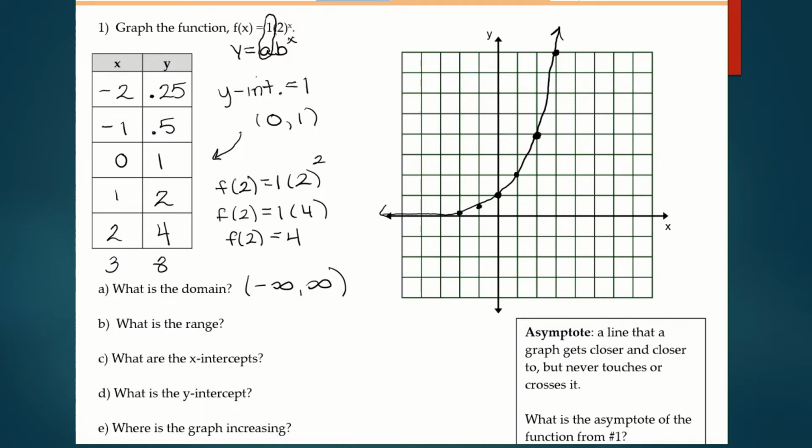What is the range? So this is really interesting. You'll notice that our graph never actually crosses over. We never have any y values that are negative. So we never cross over that x-axis here. And we also never actually touch 0. We never, ever touch a value of 0.